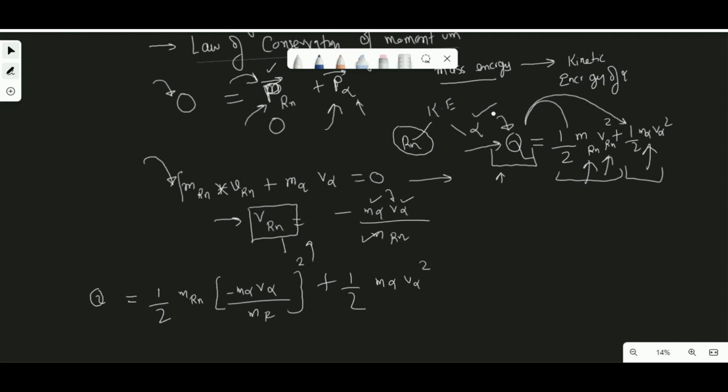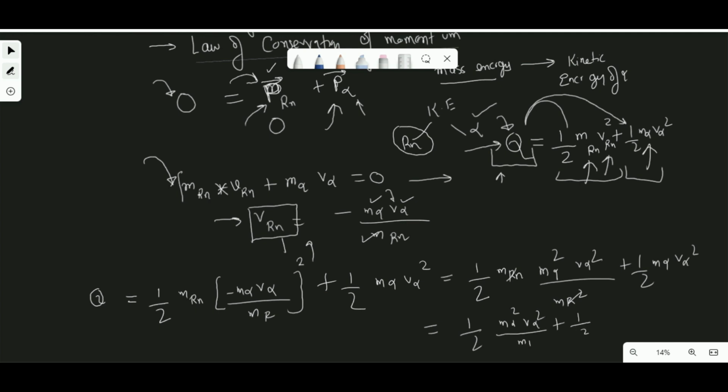Now if you notice this equation, you can write this as half m Rn m alpha square v alpha square divided by m Rn square plus half m alpha v alpha square. So you can see this goes away, and what you're left with is half m alpha square v alpha square divided by m Rn, plus half m alpha v alpha square.